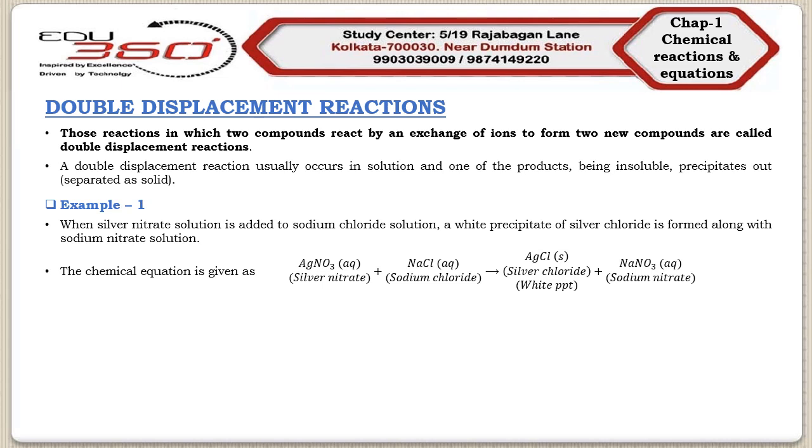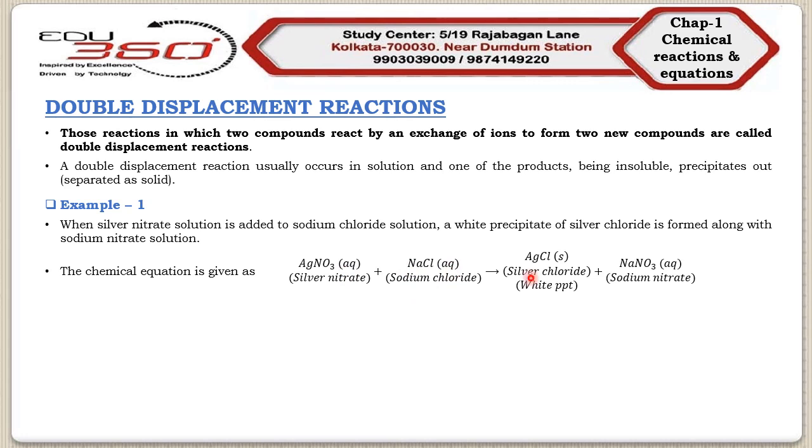Let us now discuss each term of this given equation. Silver nitrate is represented by AgNO3. It is a silver nitrate solution, so we have written AgNO3 within bracket aqueous. Now we are considering sodium chloride solution, so it is written as NaCl within bracket aqueous.